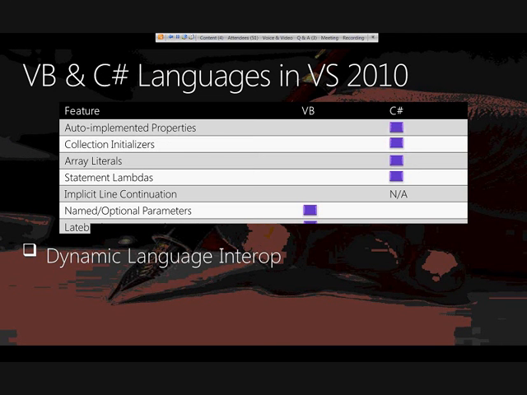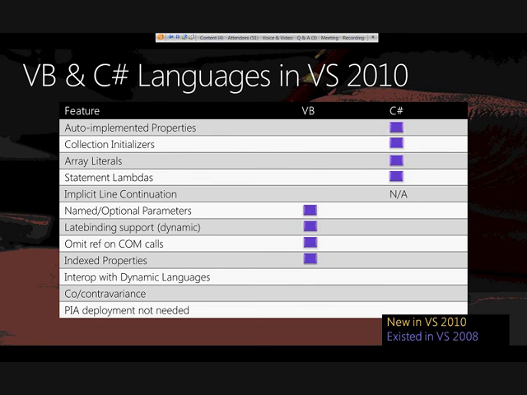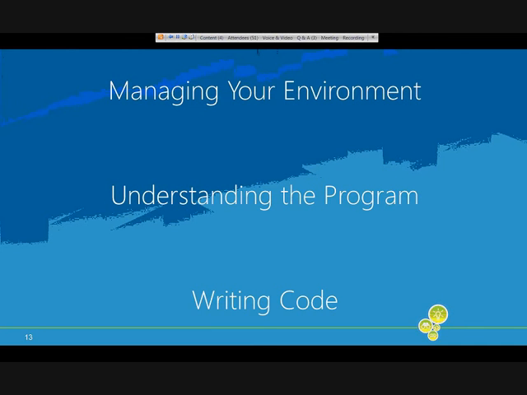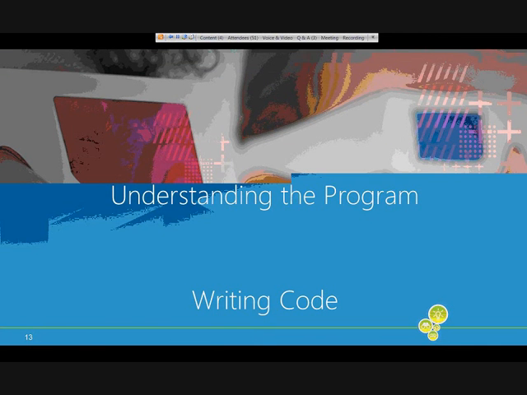And then we also looked at a lot of these VB and C# language features. So we saw a bunch of features that were formerly in C# that are now added to Visual Basic. And then we saw a bunch of features that were formerly in VB and now added to C#. And then we saw the new features. Going forward, what we're doing is adding those both together. So we saw tips on all these different themes.